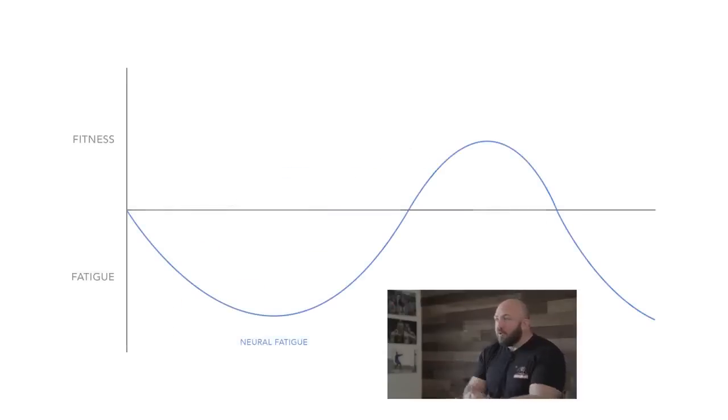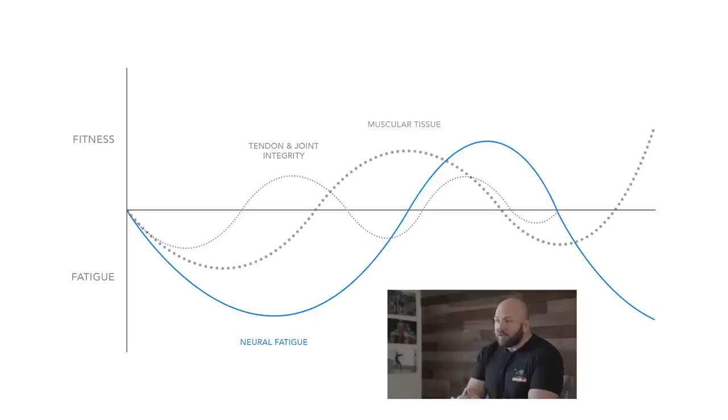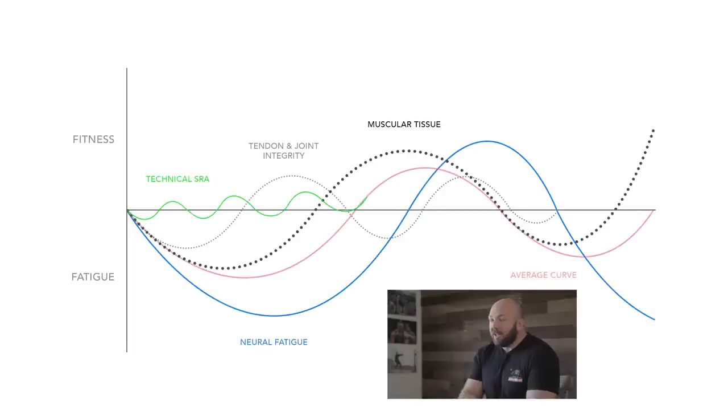Let's say you do a squat session. There's an SRA curve going for the neural demands, the neural fatigue that's generated. There's an SRA curve going for the structural tendon integrity stuff. There's an SRA curve going for the muscular damage, a muscular SRA curve, and there's an SRA curve going for the technique that you're developing in the squat. And all of those have slightly different lengths.